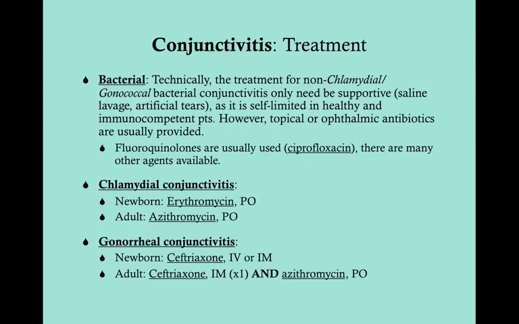With gonorrheal conjunctivitis, in the newborn, you can use ceftriaxone either IV or intramuscularly. In the adult, you'll use a single dose of ceftriaxone IM and then azithromycin PO. And that is done for a similar reason as to how we treat the genital tract infections, because we want to cover both gonorrhea and chlamydia.